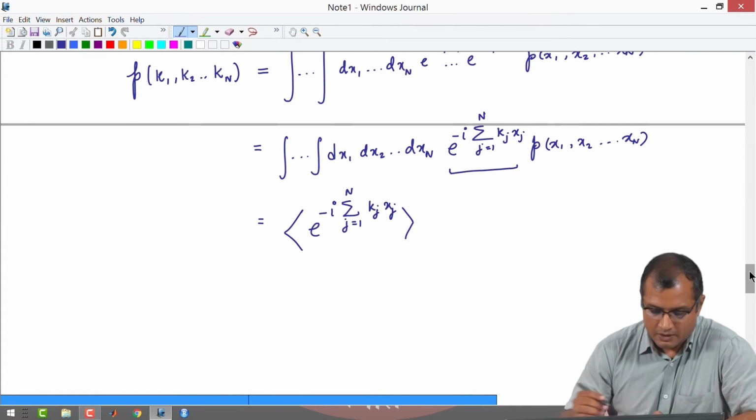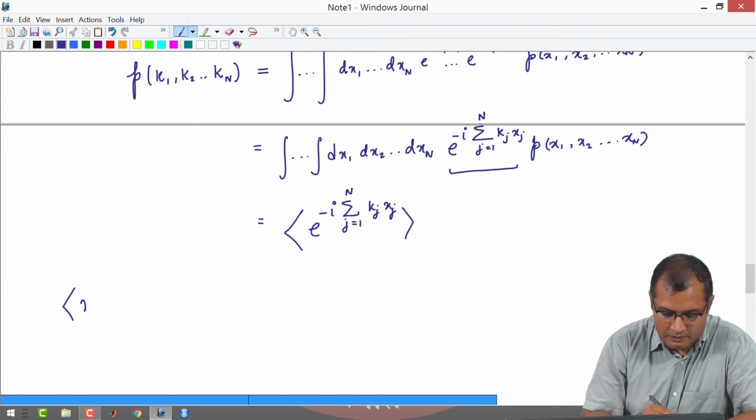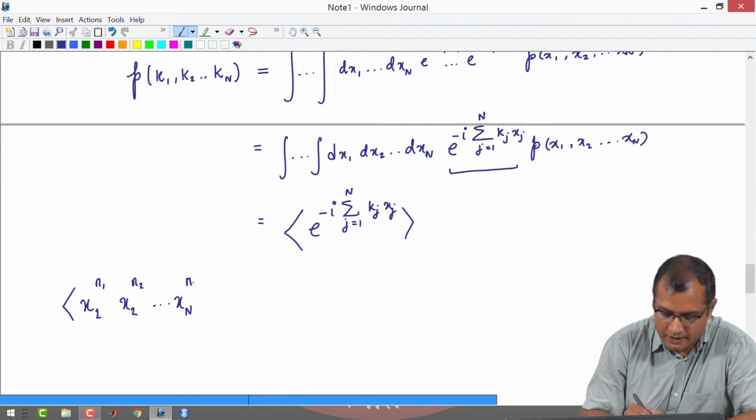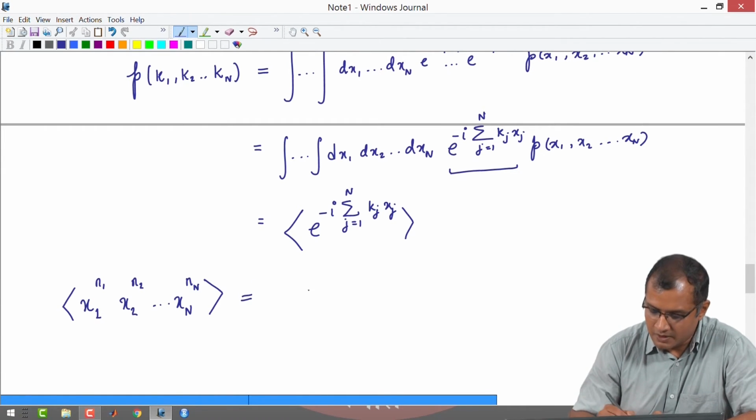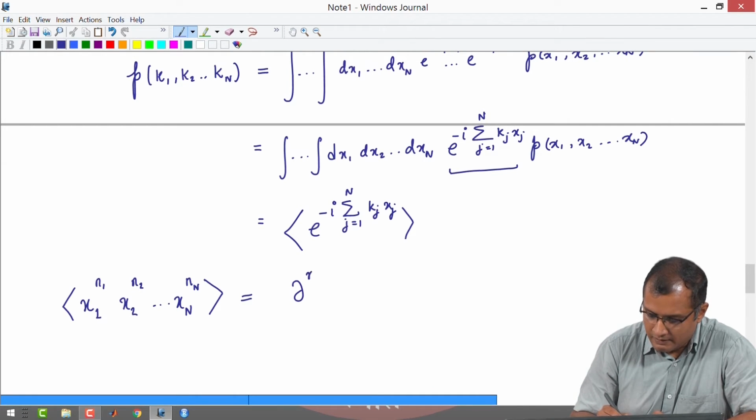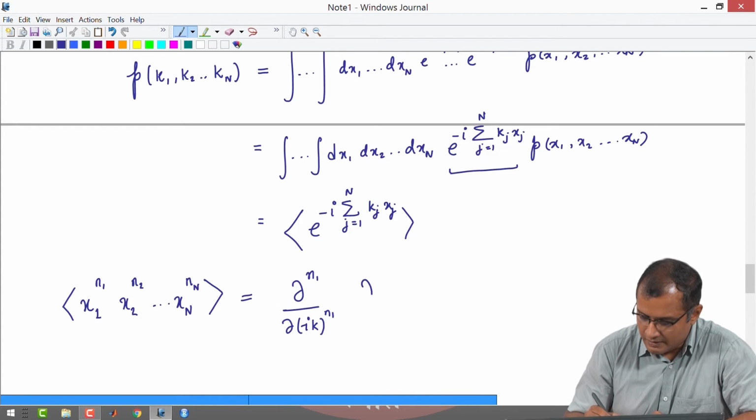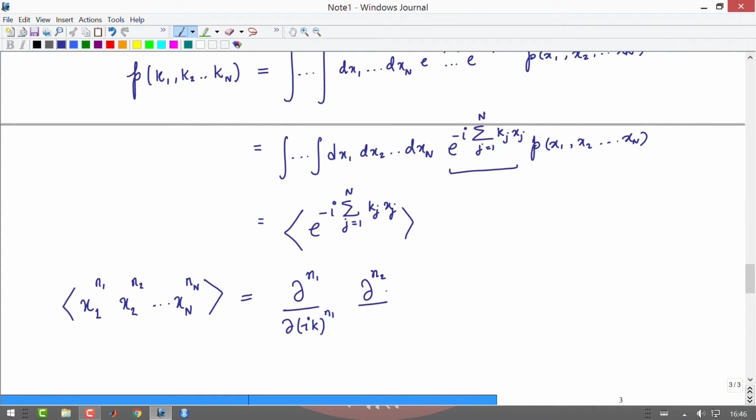Okay. And so now if you want to find out the joint moment of some x1 to the power n1, x2 to the power n2 all the way to xN to the power nN, then this is nothing but these successive derivatives d^n1 over d(minus i k1)^n1, all the way to d^nN over d(minus i kN)^nN of my characteristic function.